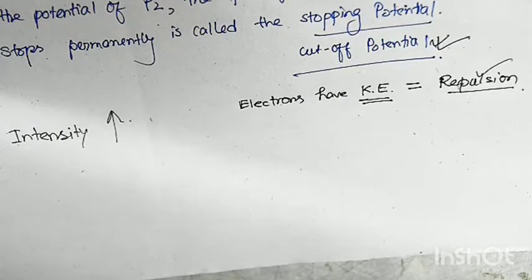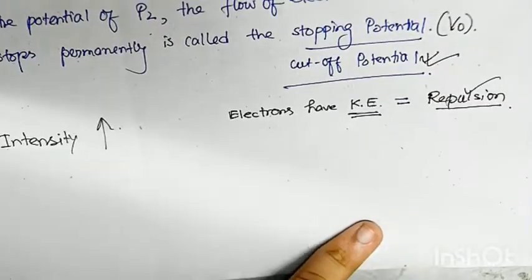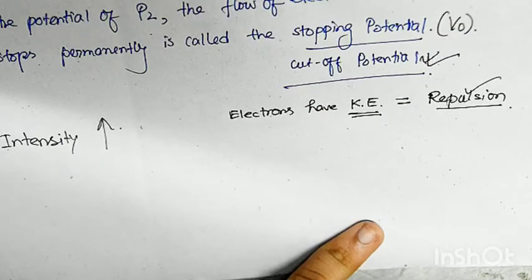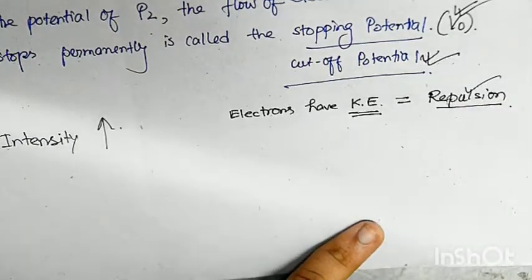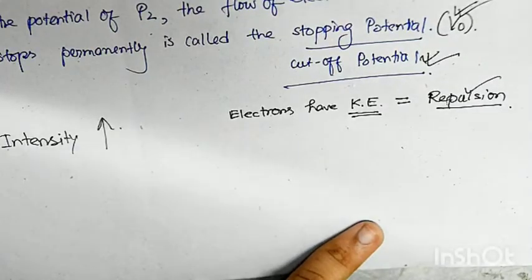They found out that if V0 is the potential, we know what the potential is. The potential is the amount of energy required to bring an electron from infinite distance to a point on the field. So if I know the stopping potential, the stopping potential basically marks the amount of energy required for 1 coulomb of charge.